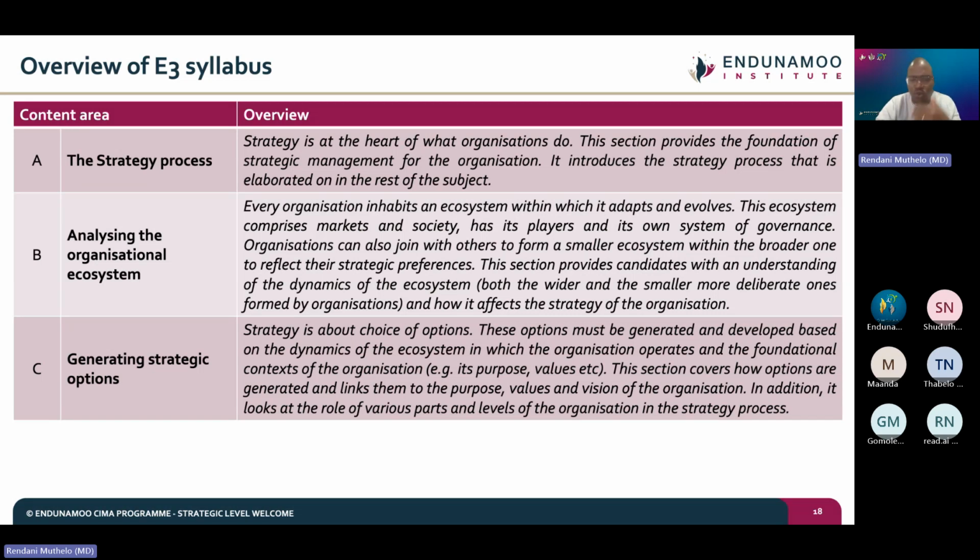So that is what we are all about there. So generic strategy, but as you can see, it is very important that you understand where everything fits in.